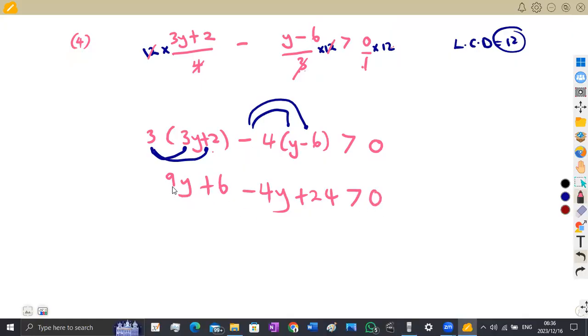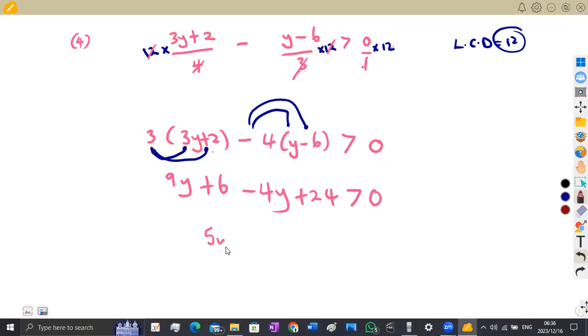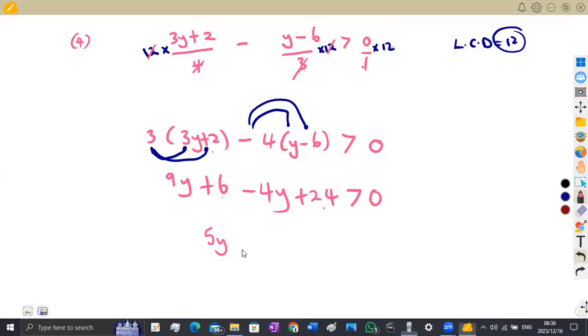Collect the like terms. So that's 9 minus 4, which is a 5. So we are going to get a 5y, and in this case 6 plus 24, which is a 30. So this is greater than 0.